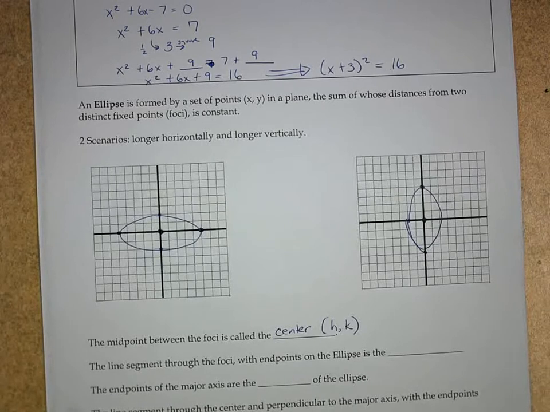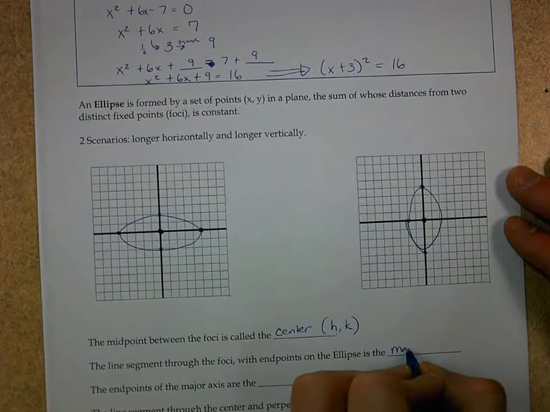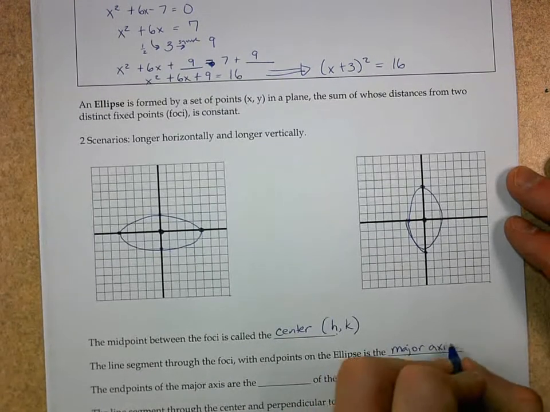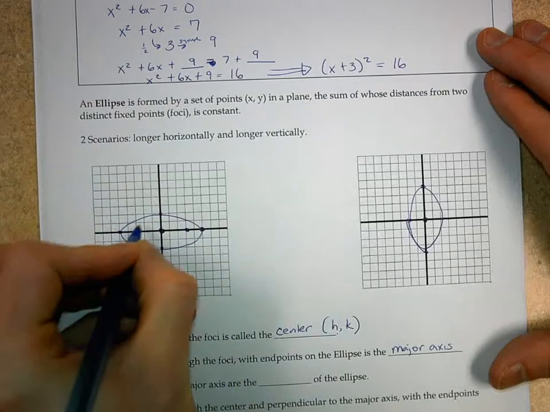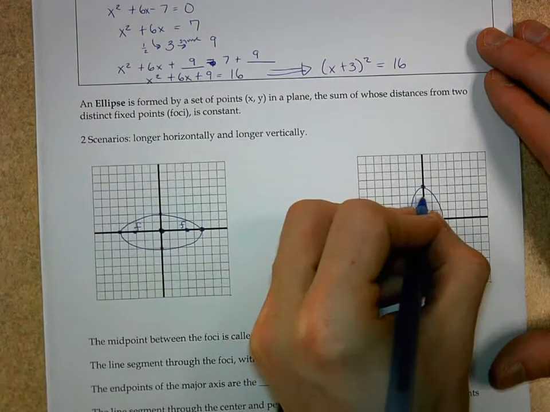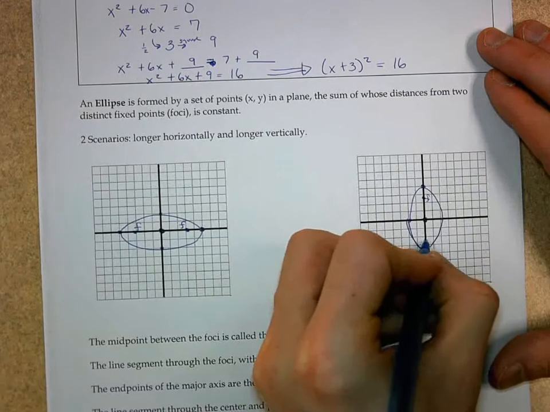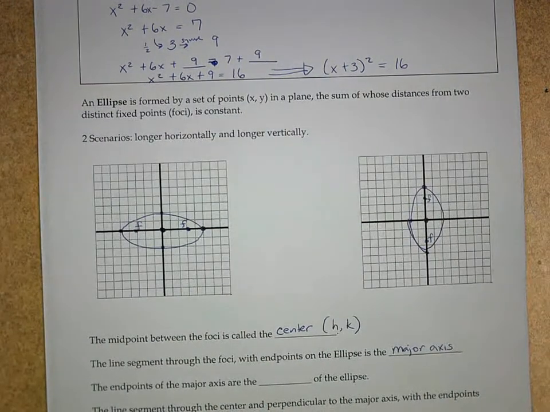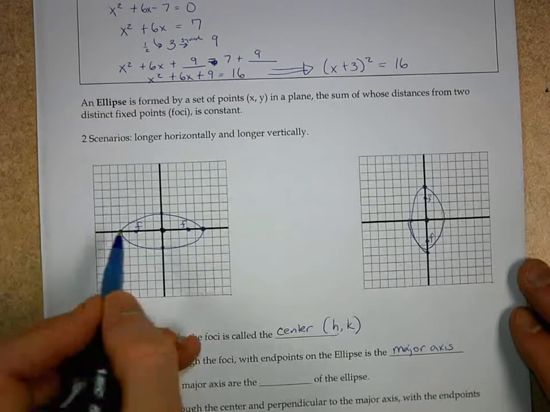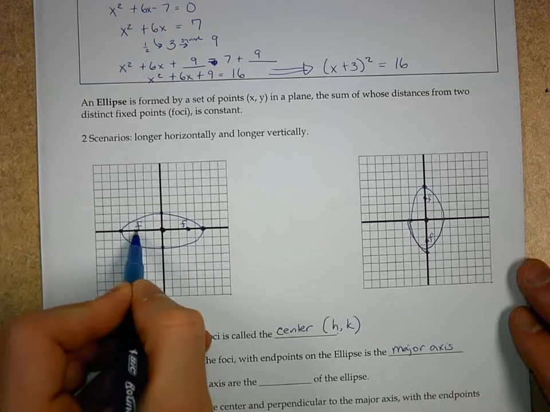The line segment that goes through the foci with the endpoints on the ellipse is called the major axis. And, let's just put the foci on. The foci are 2 points that are going to be on your major axis. I don't know if you remember using the thumbtacks with the string, but you would tie a string of a certain length and it would be attached to 2 thumbtacks.